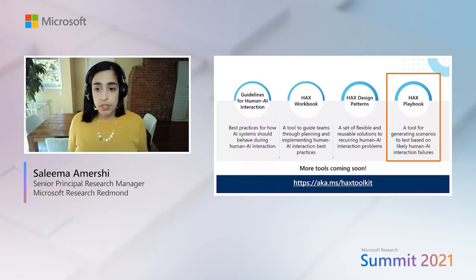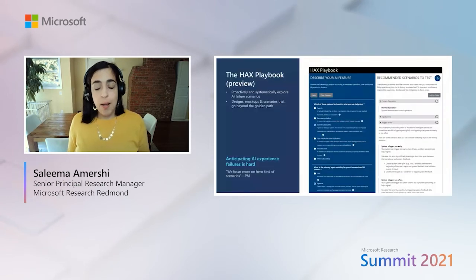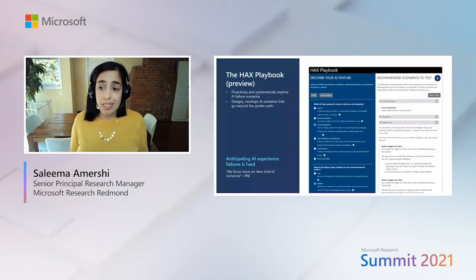Now, the final tool I'll introduce today is the HAX Playbook. And this was designed for generating scenarios to test based on likely human AI interaction failures. And we created this tool because as we were working with product teams, we found that it was very hard for them to anticipate the different ways an AI may fail at any given moment.